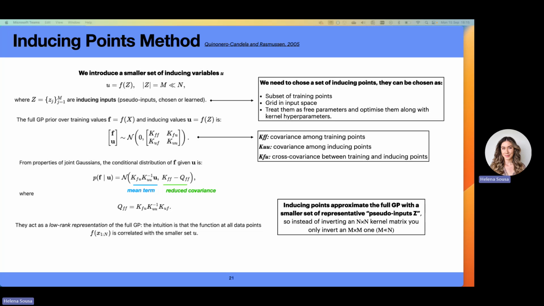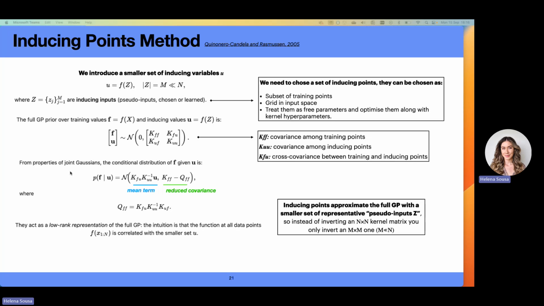Now if we look at this, the GP full prior over the training values F and the inducing values U, we can write this joint prior distribution with these covariance blocks. This is the covariance among training points, Q of FF, the covariance among inducing points, and finally the cross covariance between the training and the inducing points.